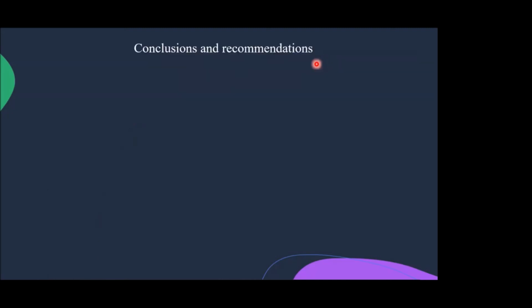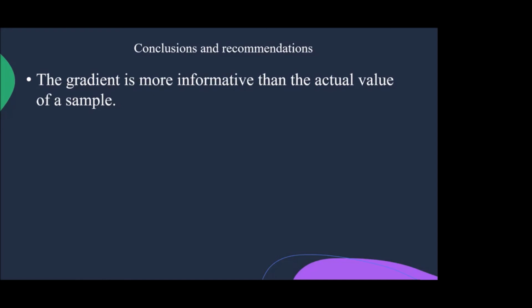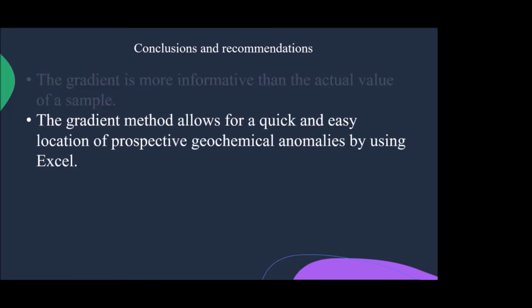In conclusion, first, the gradient is more informative than the actual value of a sample. So I really recommend that we should work with the gradients, not with the individual samples in geochemistry. The gradient method allowed for a quick and easy location of prospective geochemical anomalies by using a matrix in Excel.